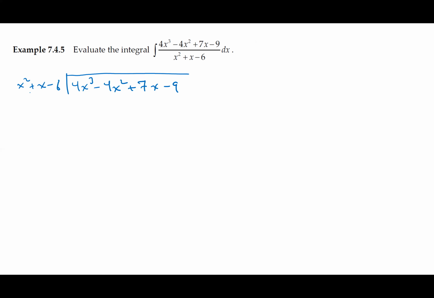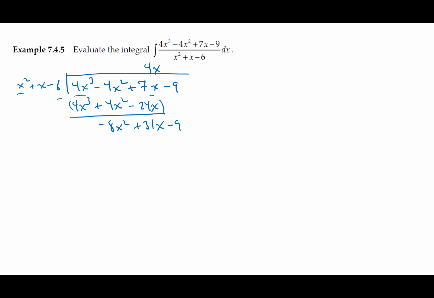So when I divide, right, look at x squared, 7x. Well, I look at x squared and 4x cubed, but x squared times 4x is 4x cubed. And so I line up my terms, right? So 4x cubed, let's see, plus 4x squared minus 24x. And we're going to subtract all this. And so negative 8x squared. And 7 minus negative 24 is going to be plus 31x, and then minus 9.